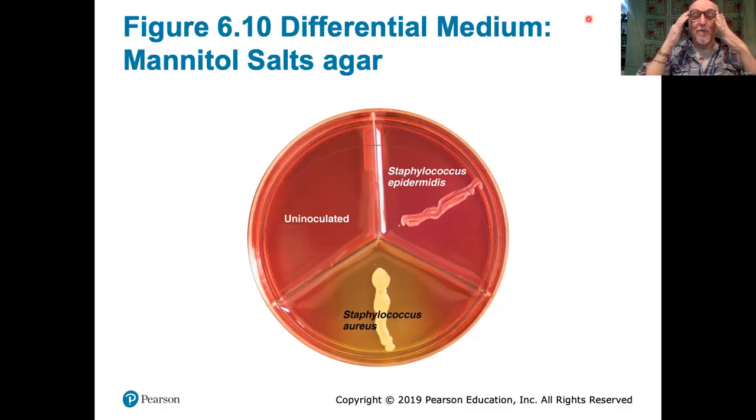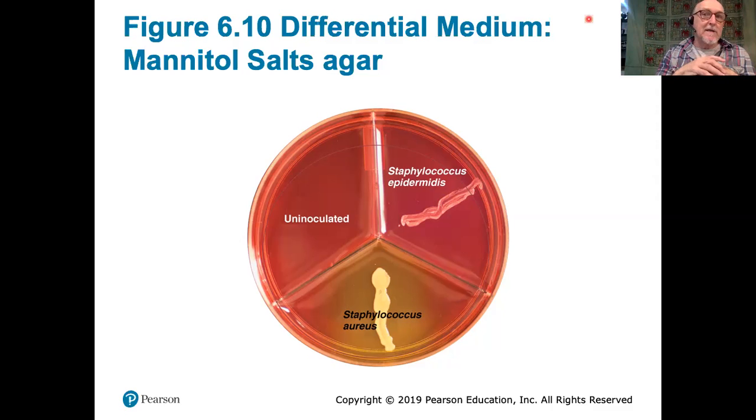a lot of salts. Now remember back, we said one of the important environmental things that we have to consider is the osmotic environment. Mannitol salts agar has a high concentration of salt, about 5%. Not many bacteria can grow under that kind of regime. They just completely plasmolyze and die.